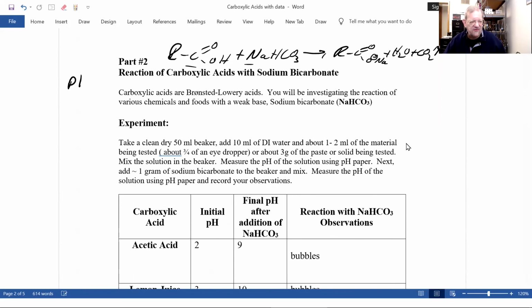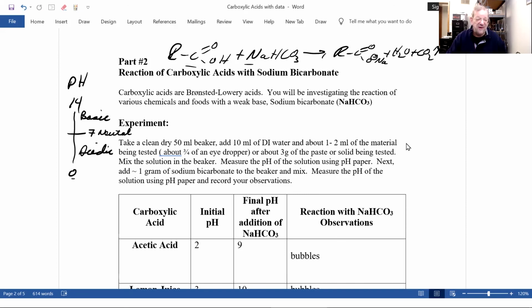And pH, just to remind you, goes from 0 to 14. 7 is neutral pH. Below 7, it means the solution is acidic. And above 7 is basic. So pH tells you if something's acidic or basic.